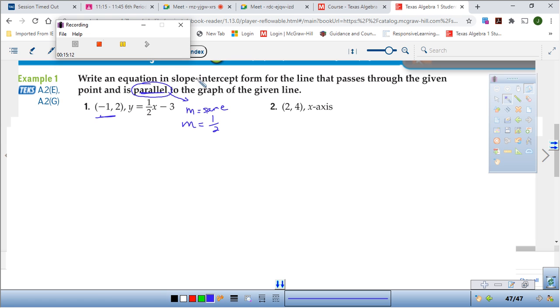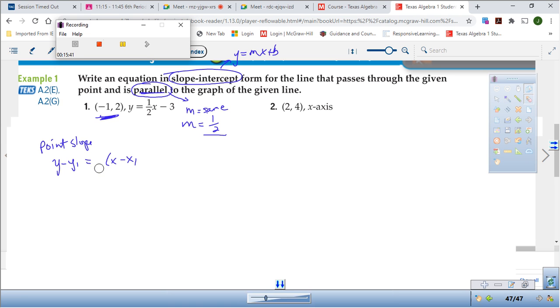Now, it does say slope-intercept form. Remember, slope-intercept form is going to be y equals mx plus b. But I have a point and the slope. So I'm going to use point-slope form. Remember, point-slope form is y minus y1 is equal to m times x minus x1.